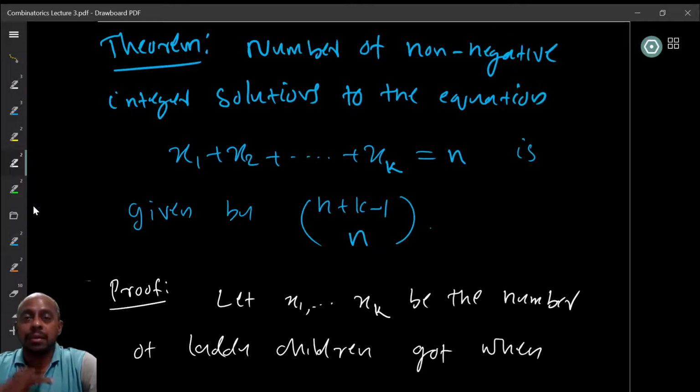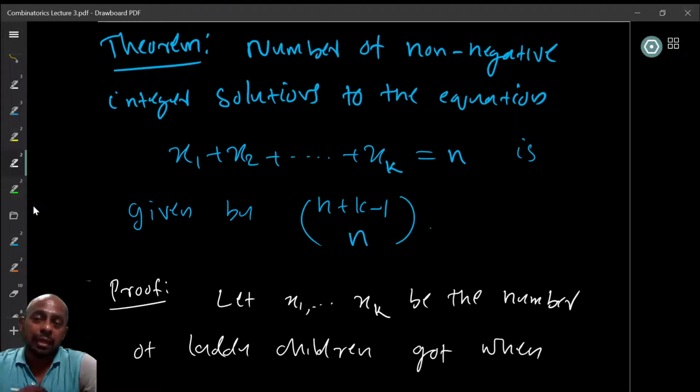Now this guy cannot say, okay, you don't get anything, because the child will say, I already gave you one laddu, I should get at least that one back. Now what does this mean? This means that everybody gets at least one, which means that you get xi strictly greater than 0.